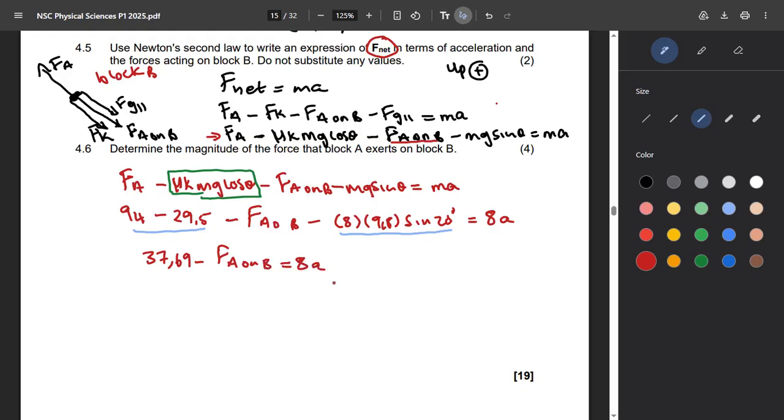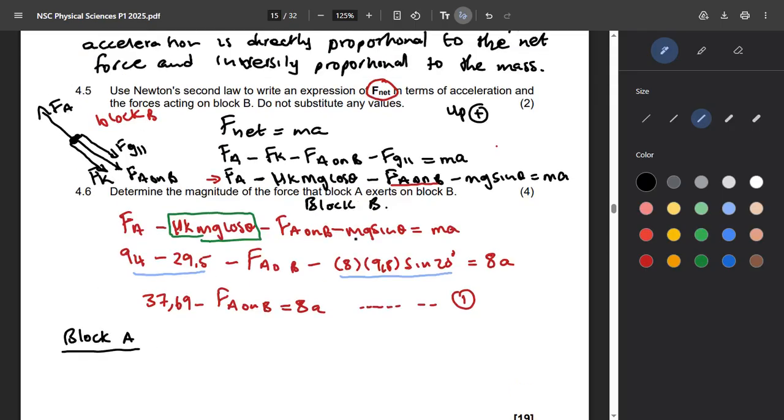This is equal to 8A. So now if I call this equation 1, because I have two unknown variables, acceleration and also the force A on B. So this tells me that if this was for block B, I need a free body diagram for block A. I need a free body diagram for block A.